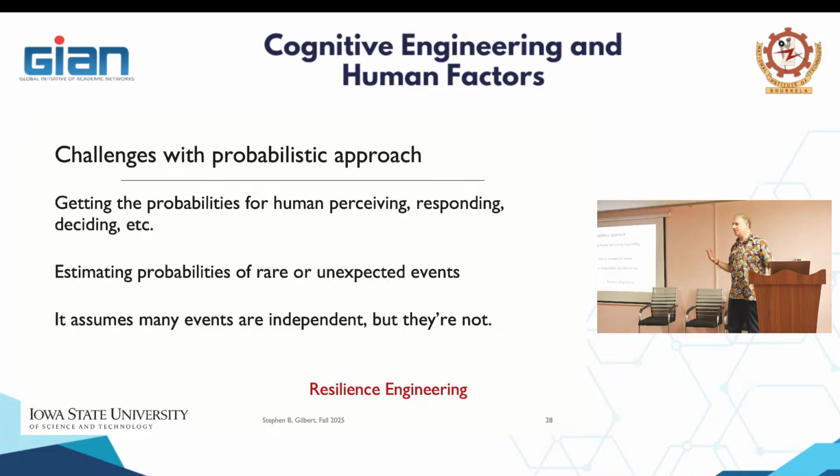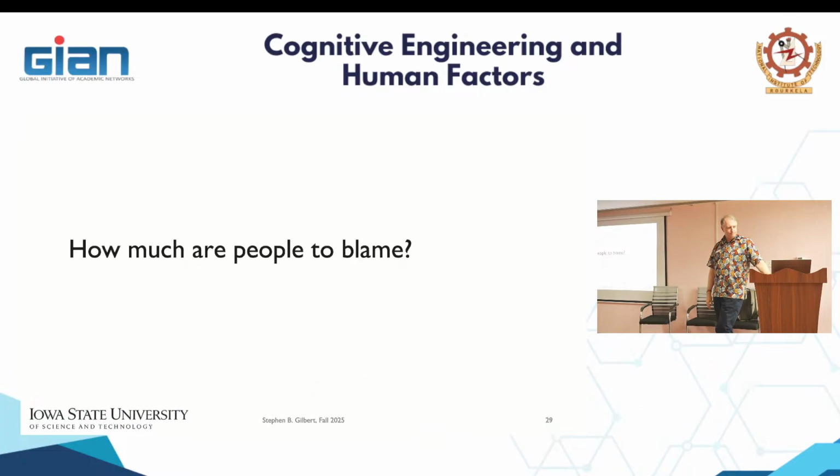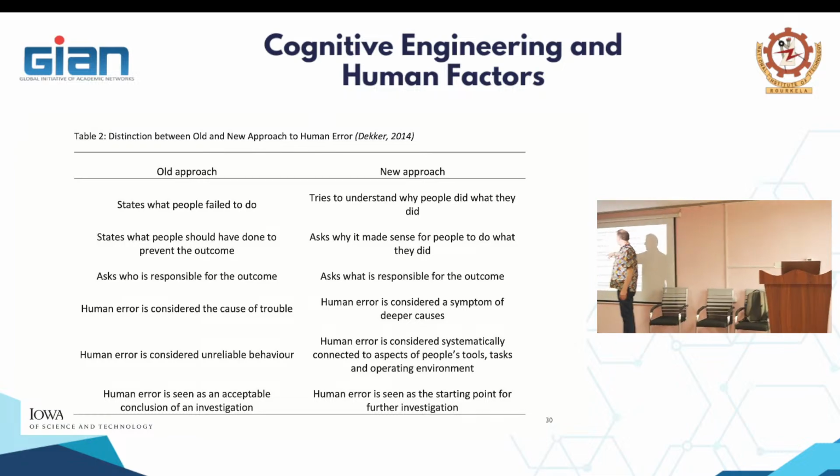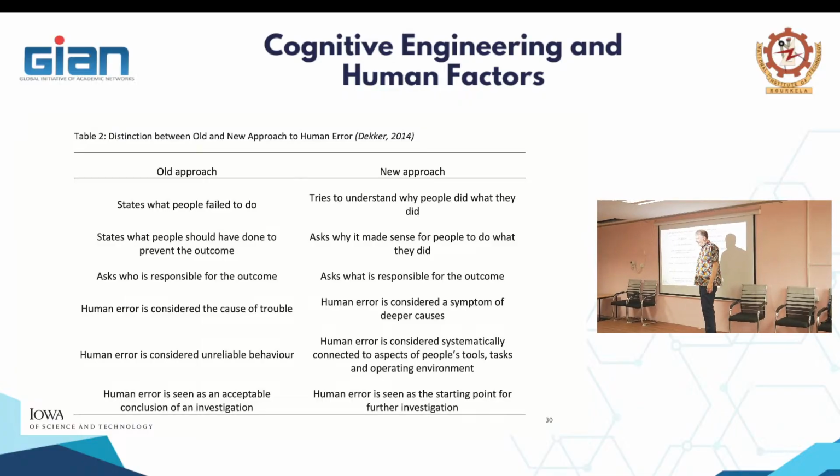So again, I'm trying to tell you about these a little bit because this is from the engineering mechanical world, and you can apply it to some of these things cognitively too. So the question is how much we're going to blame the people versus the machine. This is again the resilience engineering still. In the old safety approach and human error, it was like, oh, we told people what to do, and they didn't do it.